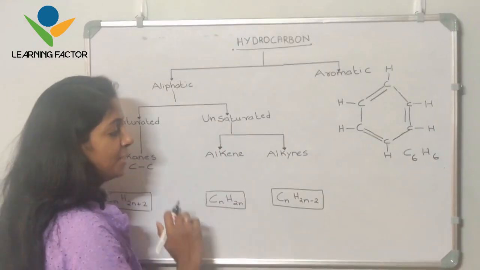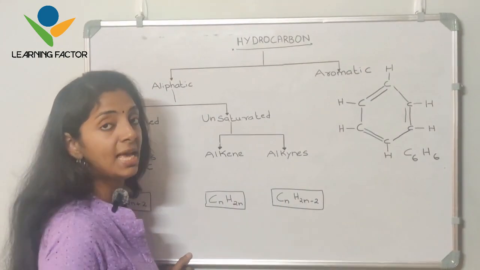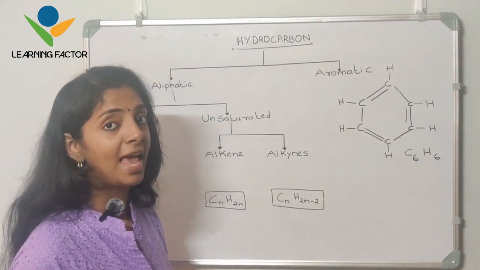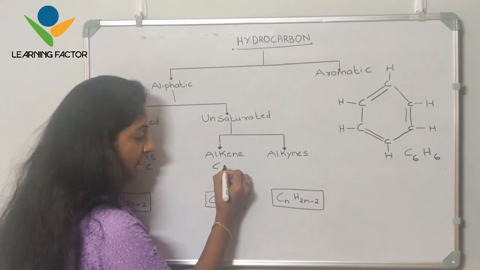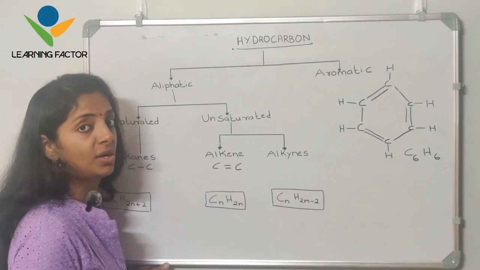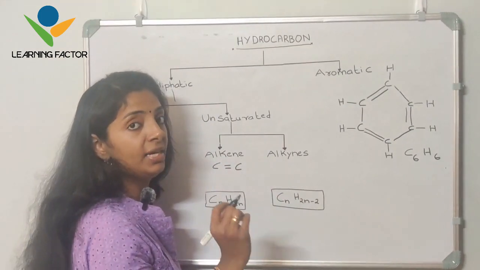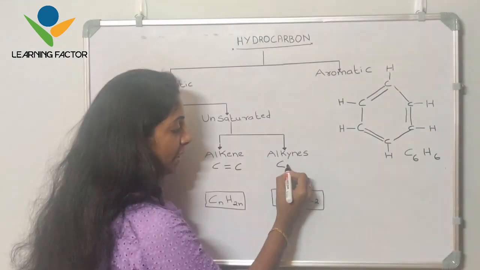In unsaturated compounds there are 2 types, alkene and alkyne. When carbon and carbon have a double bond, it is called an alkene. And when carbon and carbon have a triple bond between them, it is called an alkyne.